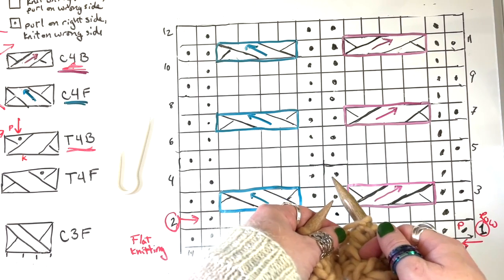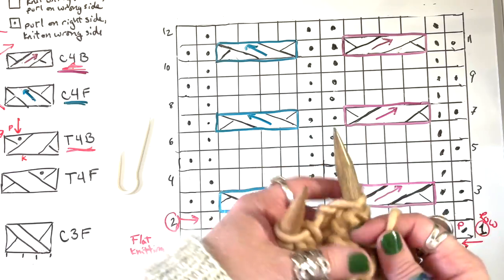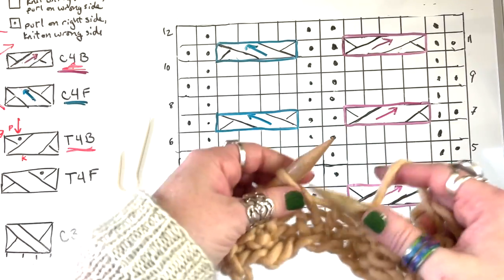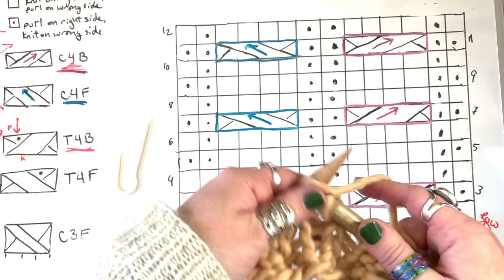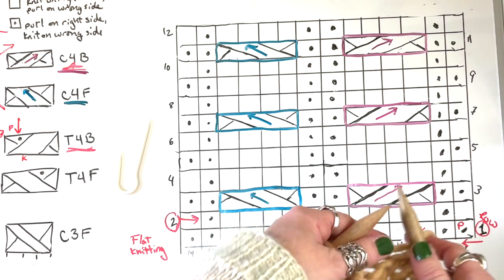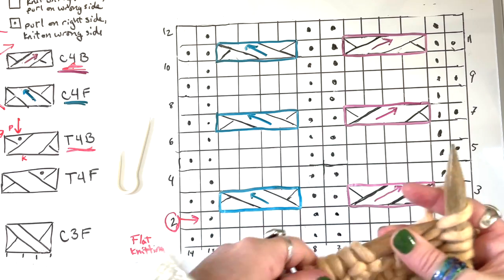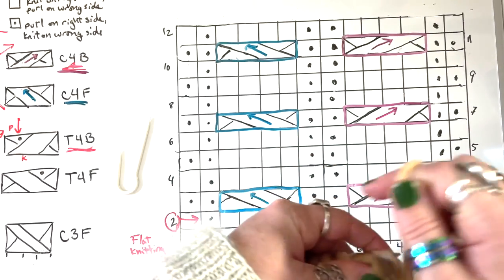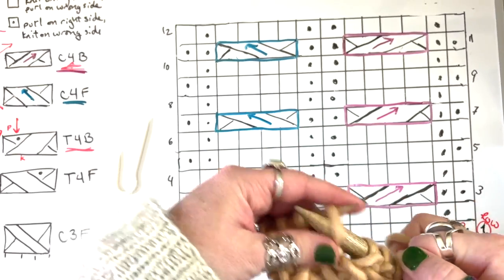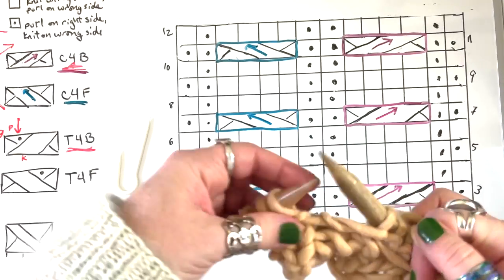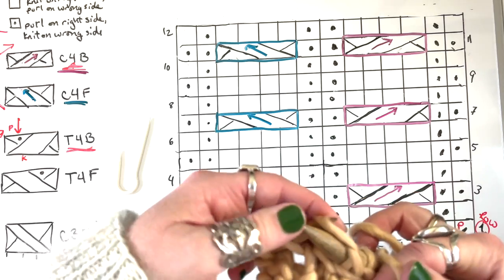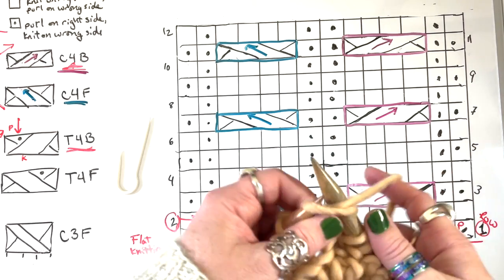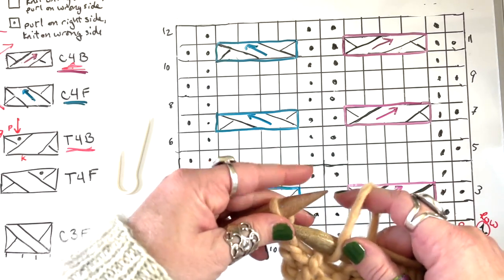Then I'm going to do 2 stitches that on the wrong side, dot means to knit. Four of the same, which on this wrong side means to purl. And then a dot, which on this side means to knit, and a blank one, which means to purl.